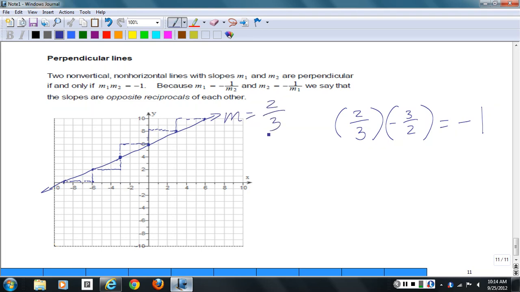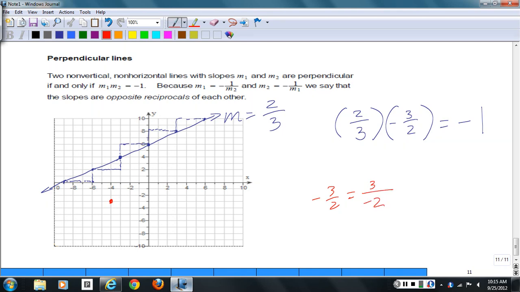Now I'm going to sketch the graph of a line that has a slope of -3/2 and see if it looks like it intersects this line at a right angle. So here goes. Pick a point somewhere. Maybe here. Let's start right there. If I want to go from here and intersect this line, I probably need to go up. If I take -3/2 and want it to have positive rise, it better have negative run.